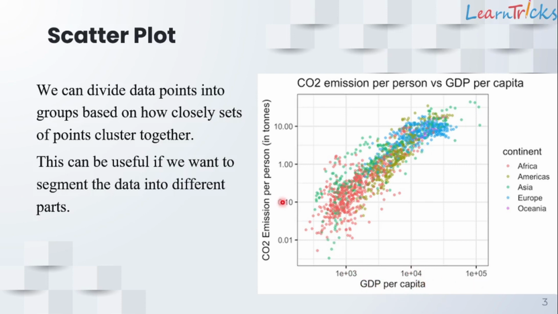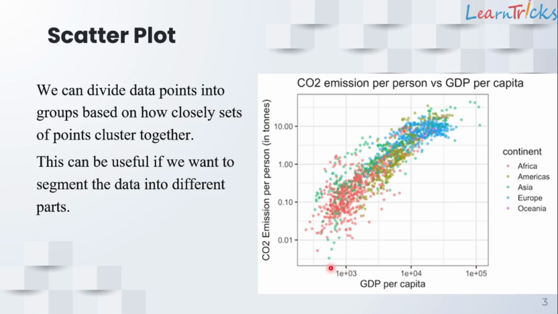Likewise, the CO2 emission per person in tons is 0.01 tons, 0.1 tons, 1 ton and 10 tons. The y-axis is divided likewise, and these are all the points from the data set.